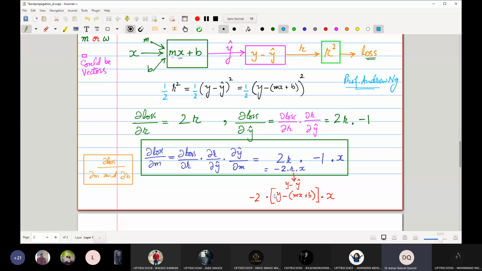So if we follow Professor Andrew Ng, this whole thing will just change into, 2 निकल गया, minus y minus mx plus b multiplied with x. So this is the version that Professor Andrew Ng would be giving you.